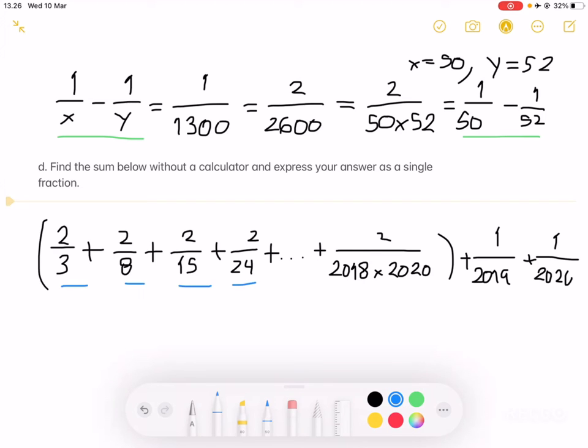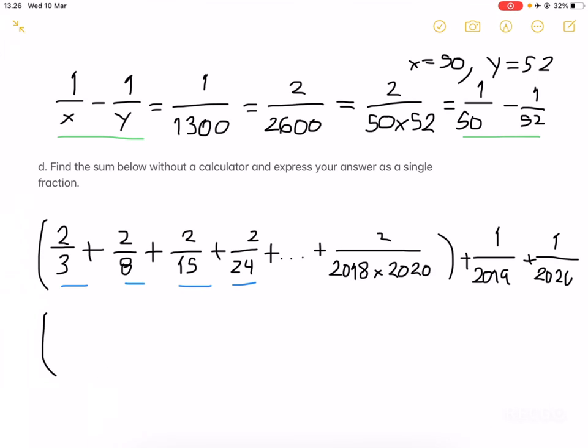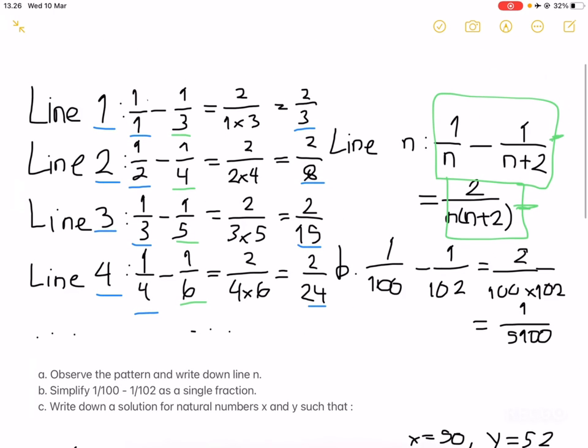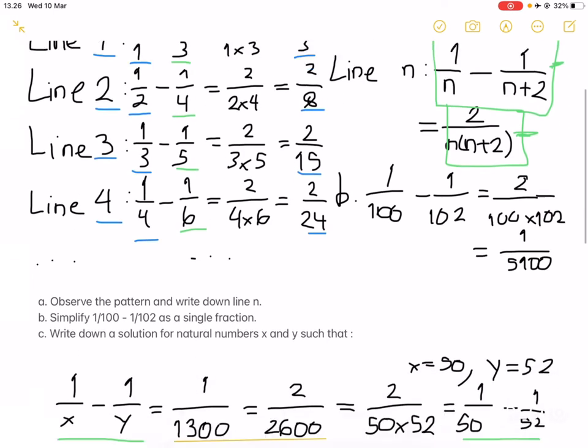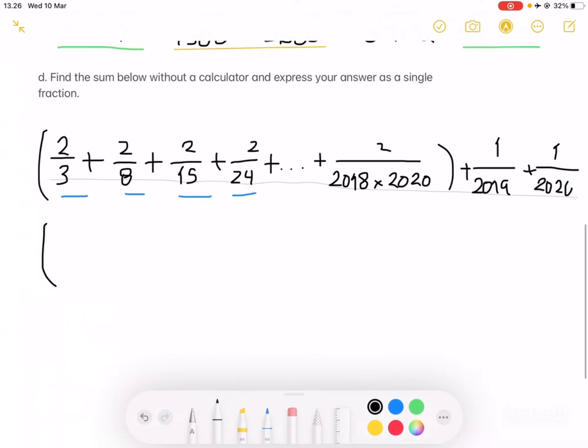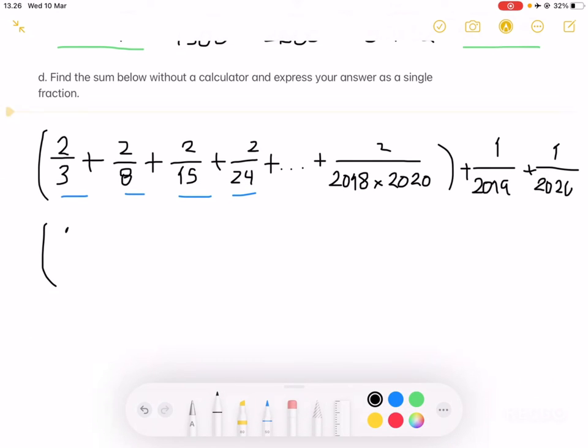So perhaps we can just exploit our given formula, and let's see what we have. So using our formula above that we have gotten for the line of n, you will get 1 over 1 minus 1 over 3 plus, I'll just put the outer brackets in right there.